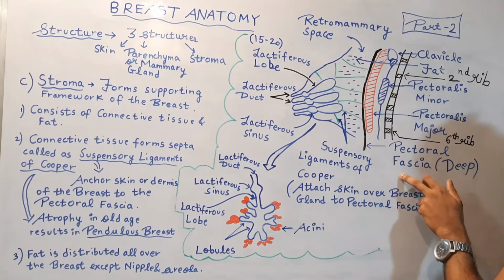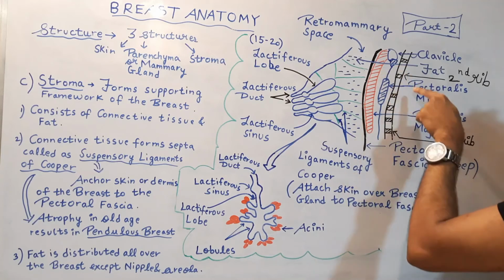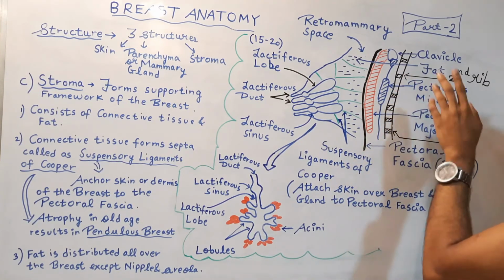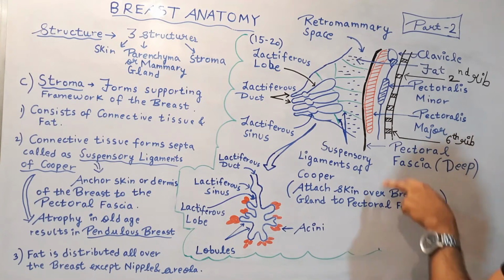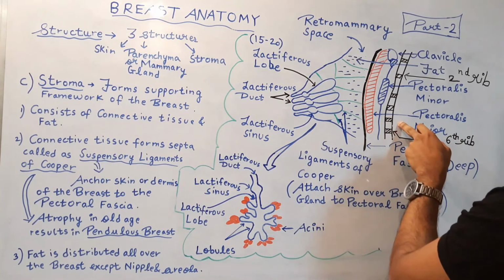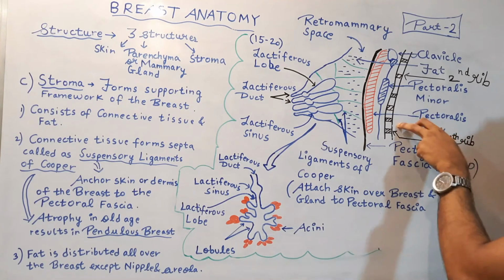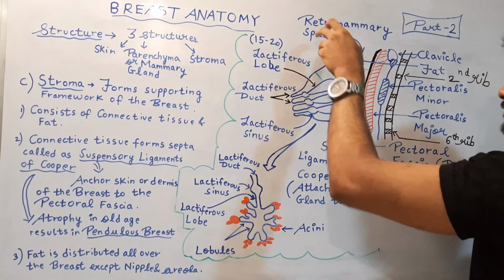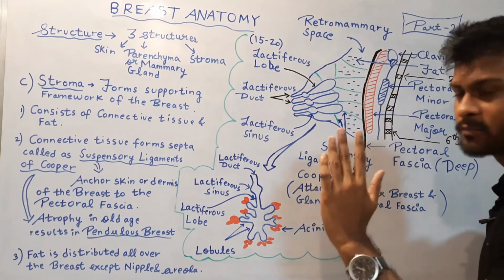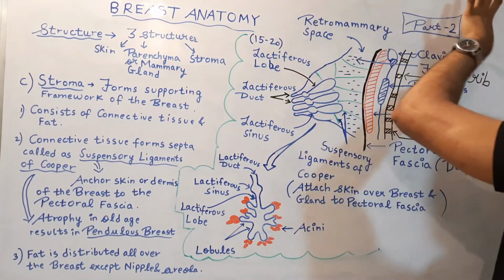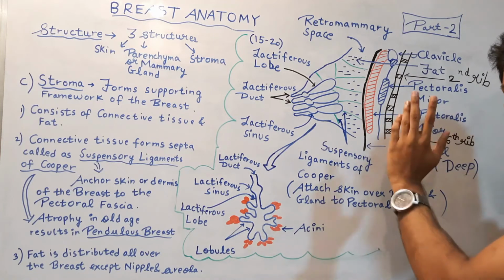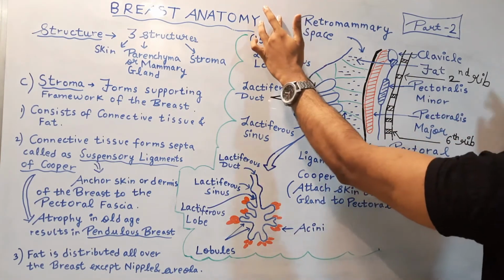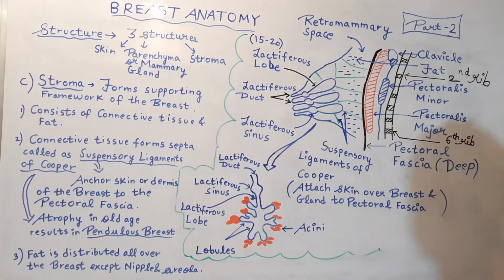After it, we can observe pectoralis major muscle. After it, pectoralis minor muscle. After it, ribs. And after ribs, lungs. So these are the structures present from the superficial part to the deeper section of the breast. This will be the superficial part, this will be the deeper part.